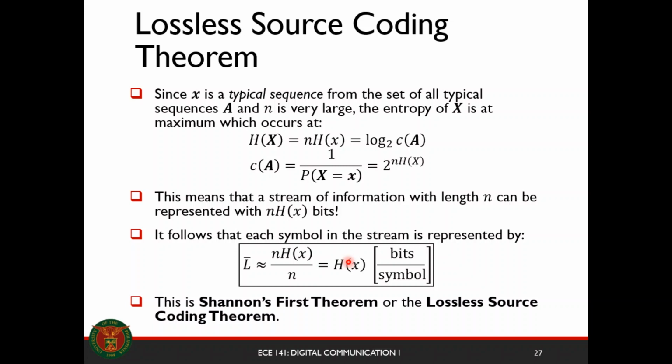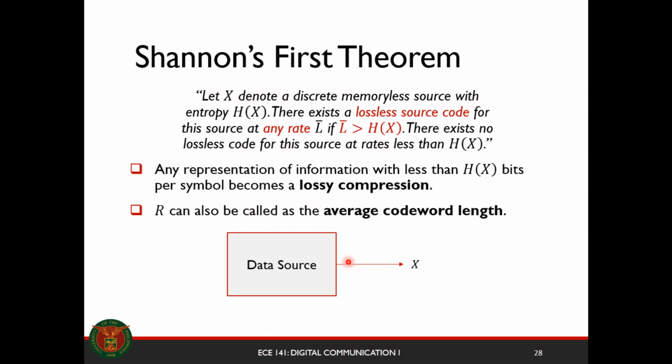And this is Shannon's first theorem, or the lossless source coding theorem. Let's formalize that. Shannon's first theorem: let X denote a discrete memoryless source with entropy H(X). There exists a lossless source code for the source at any rate L bar if this L bar is greater than or equal to H(X).